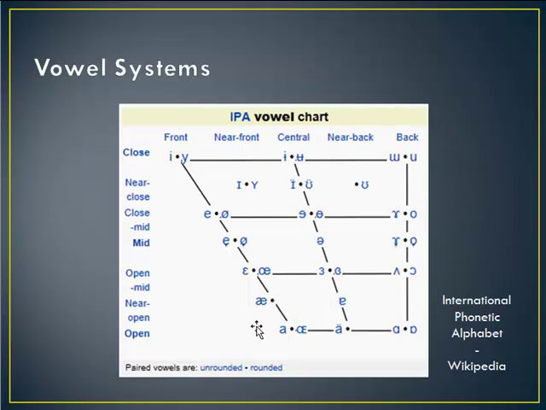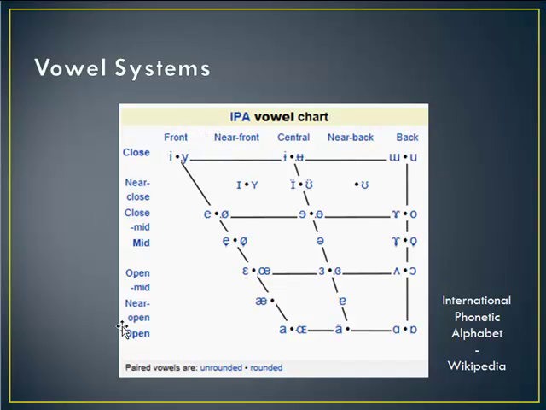But each vowel has a range, depending upon if you open your mouth or close your mouth partly in order to say it, either in the front or as it comes from the back of your mouth to the near back, to the central part, to the near front, all the way to the front.